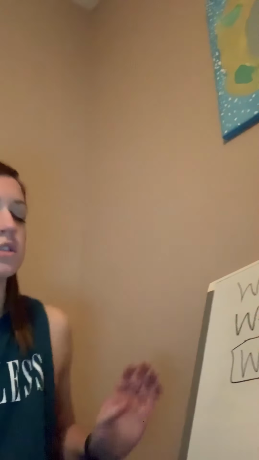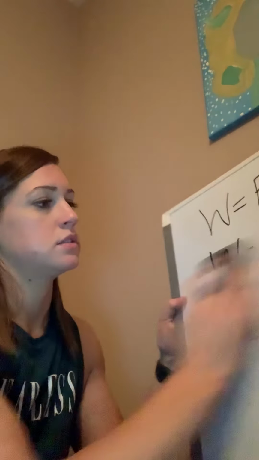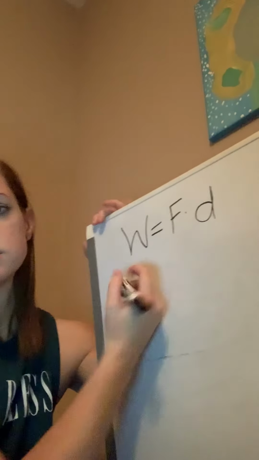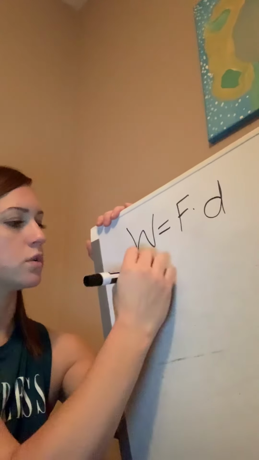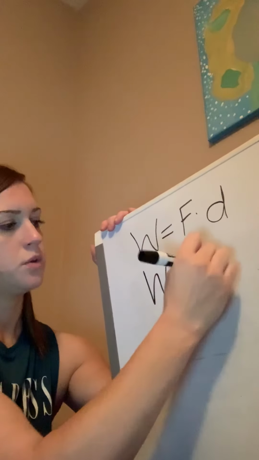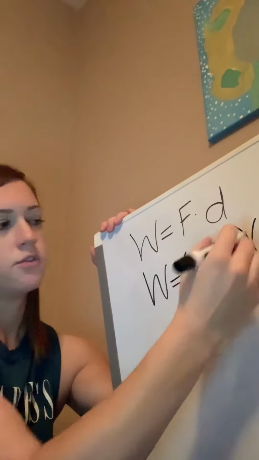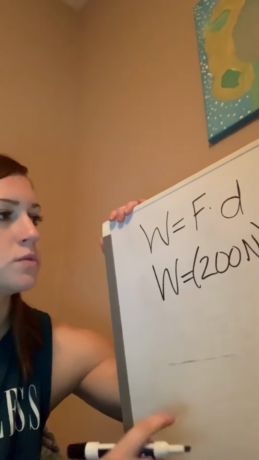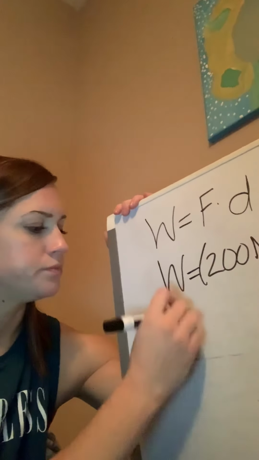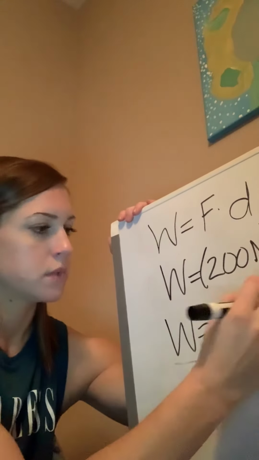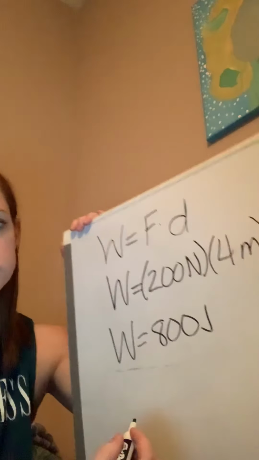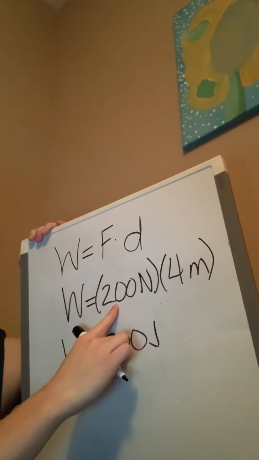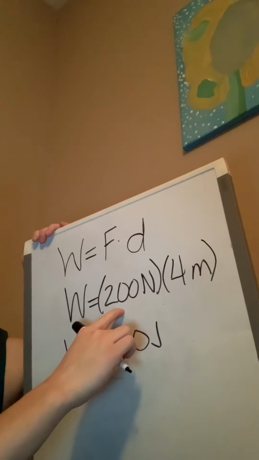So how much work is she going to do pushing with twice the force? 200 newtons times 4 meters. 2 times 4 is 8, so that's 800 joules of work being done. So all we did here was double the amount of force. Okay, that's on A.